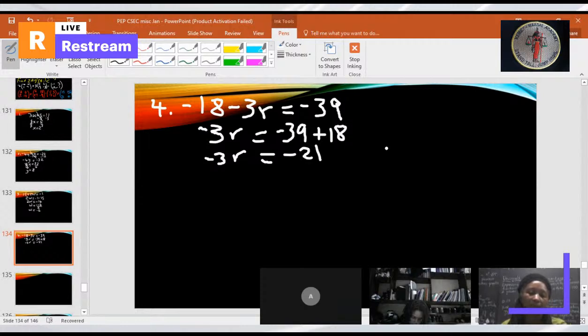Yes. And then we would divide both sides by negative 3, you're saying, and that will be gone. Yes. So what is negative 21 divided by negative 3?